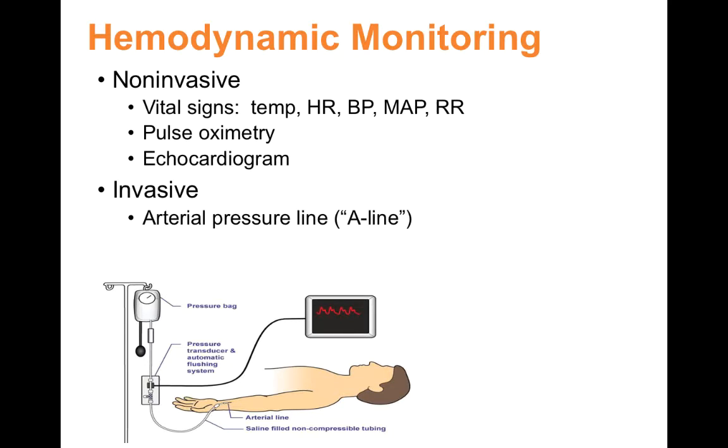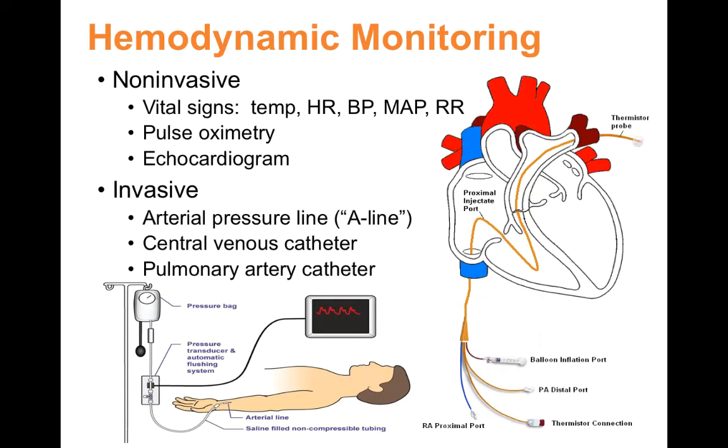More invasive things that you may see in the unit include something called an arterial pressure line, or an A line for short. This is a type of line you can see in the picture below, but it basically uses a pressure transducer, and it allows you to monitor blood pressure second to second, so you can really see how the blood pressure is changing with your therapies. There are also several more invasive lines, things like central venous catheters or the pulmonary artery catheter, which is pictured on the right.